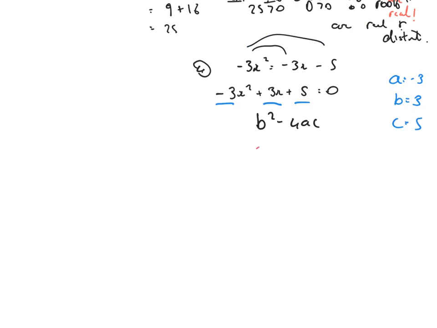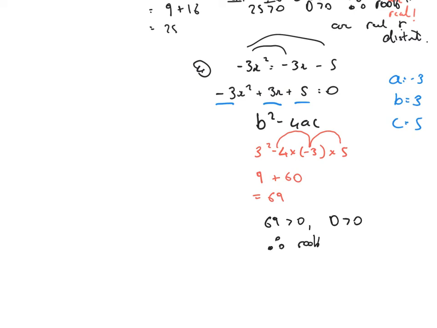So b squared, that's 3 squared, minus 4 times a, which is minus 3, get that in a bracket, times c, which is 5. 3 squared is 9, minus 4 times minus 3 is plus 12, 12 times 5 is 60. Try and not use a calculator with these ones because they're really not calculator questions. 69 is greater than 0, d is greater than 0, therefore roots are real and distinct.